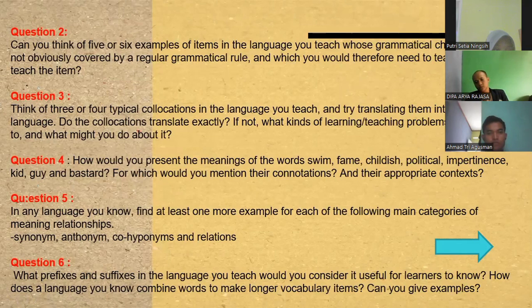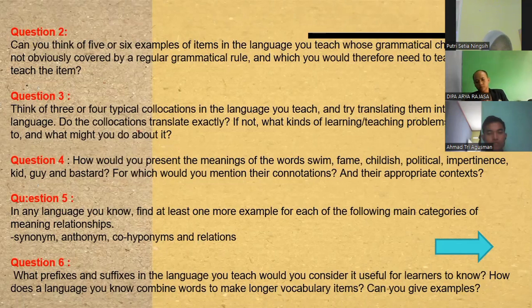And then the next is, think of 3 or 4 typical collocations in the language you teach and try translating them into another language. Do the collocations translate exactly? If not, what kinds of learning or teaching problems might this lead to and what might you do about it?